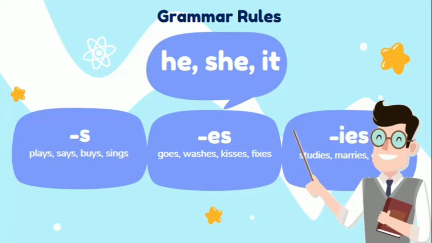For example, plays, says, buys, sings. So he plays, she says, he buys, he goes, he washes, she studies, he marries. That's the example for verb grammar rules in simple present.